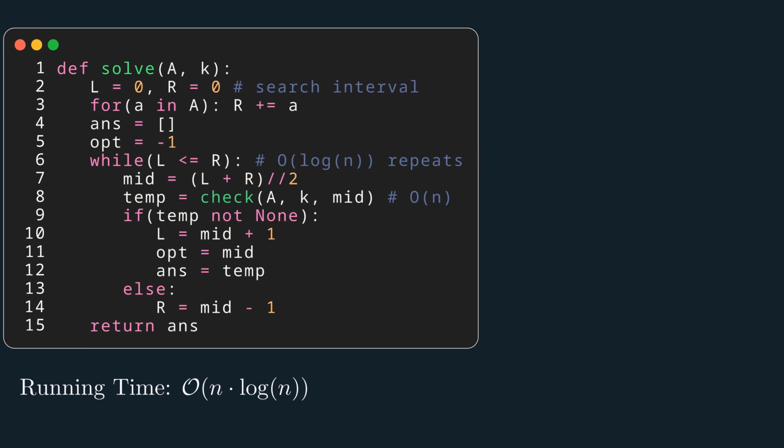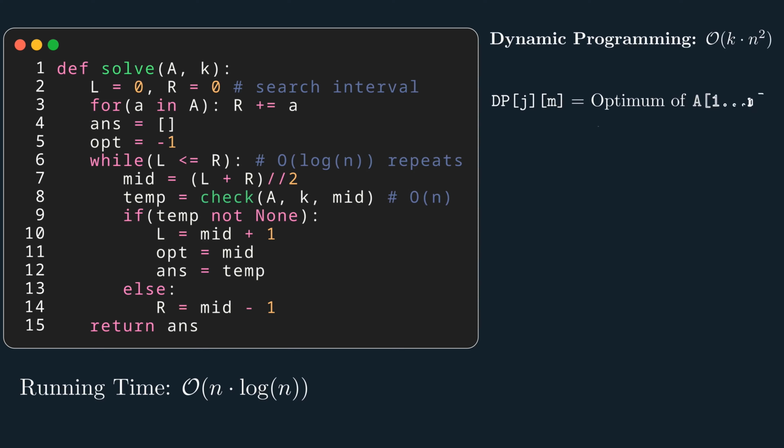However, there's another way to solve the same problem by using dynamic programming. For this, we have to create a 2D dp table where the entry j,m is the optimum value of splitting the first m entries of the array into j parts. The final solution can be found by computing the entry k,n, which is why our dp table consists of k times n many entries.